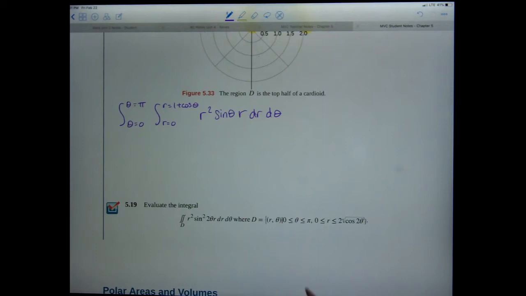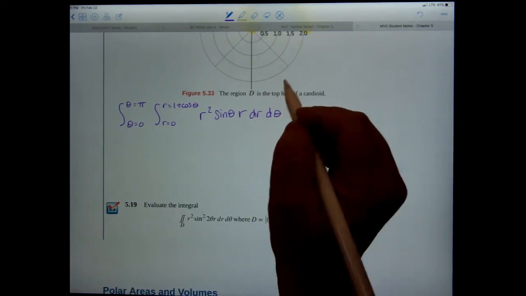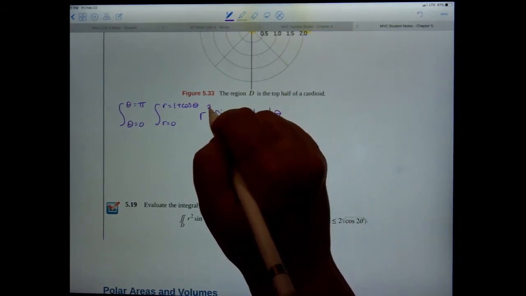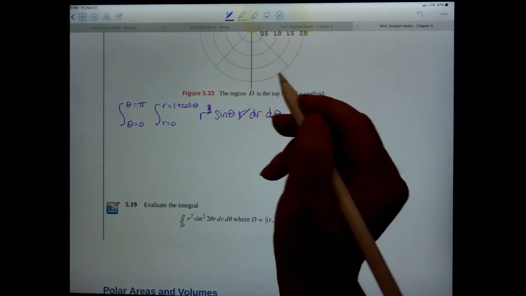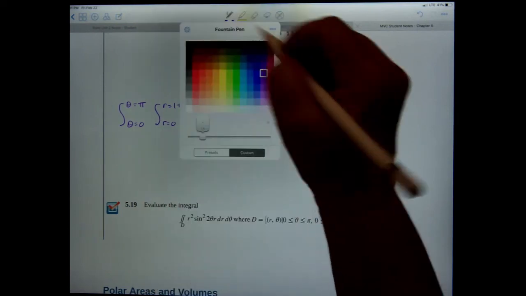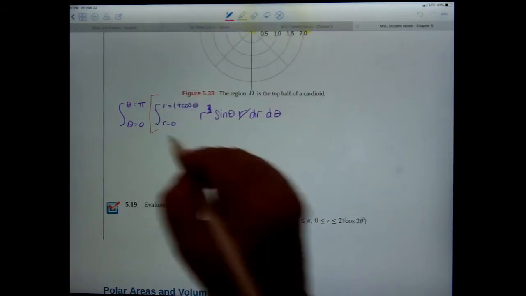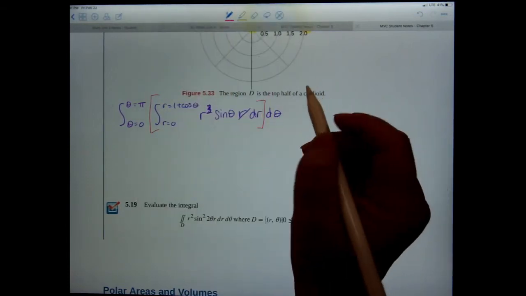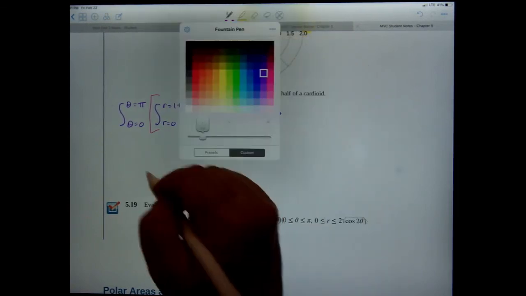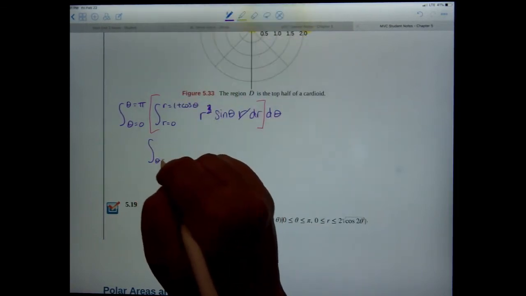So let's practice this. Take this r in the end, make the r squared and r cubed, and let's go ahead and do the math. I need to bracket this off. So we're going to have theta equals 0, theta equals pi.